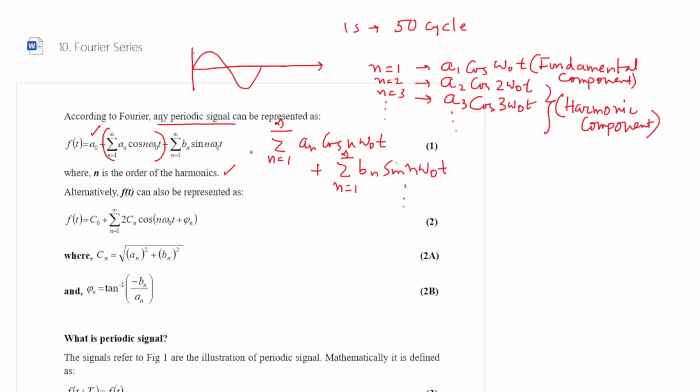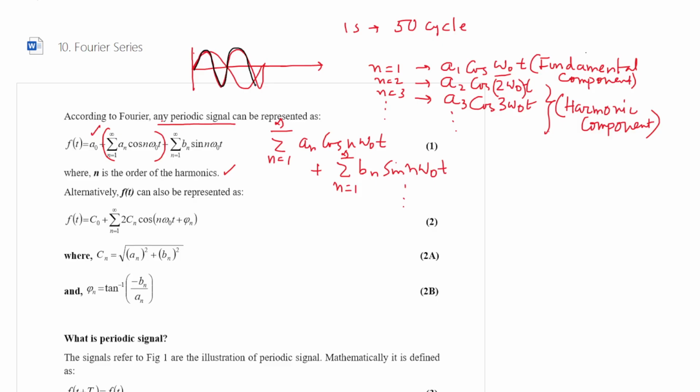Now when n is equal to 2, it will complete 2 cycles within this time. That is why its frequency is double. This fundamental frequency is omega naught, and now the frequency becomes 2 omega naught. Since the frequency becomes double, within the same time span it completes 2 cycles.